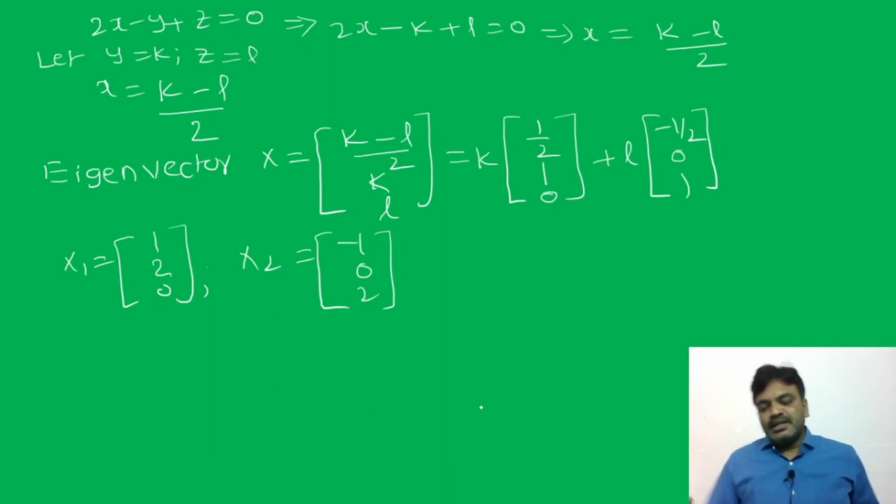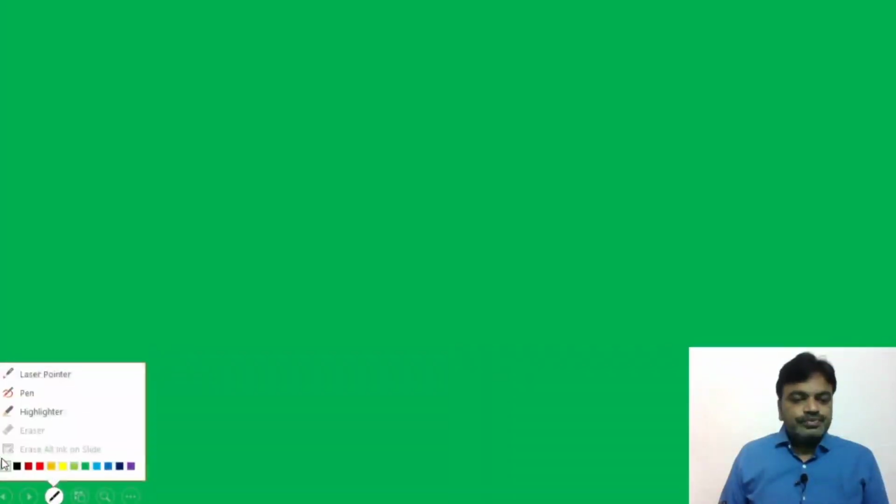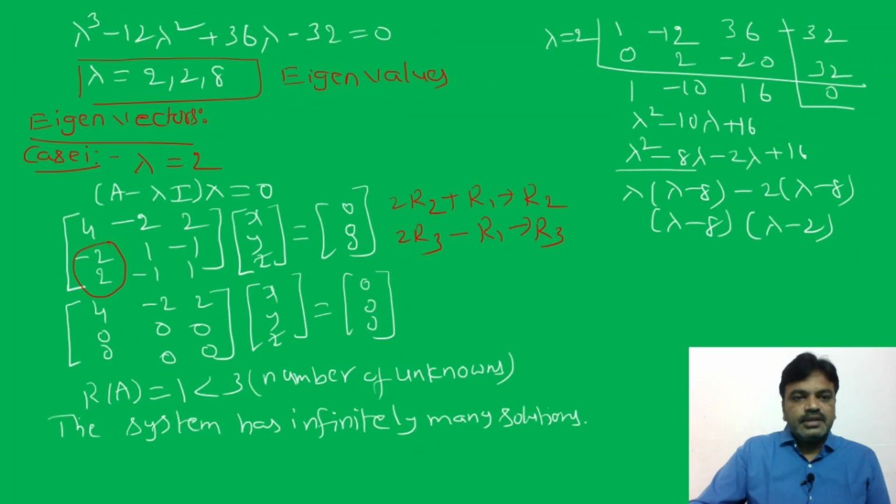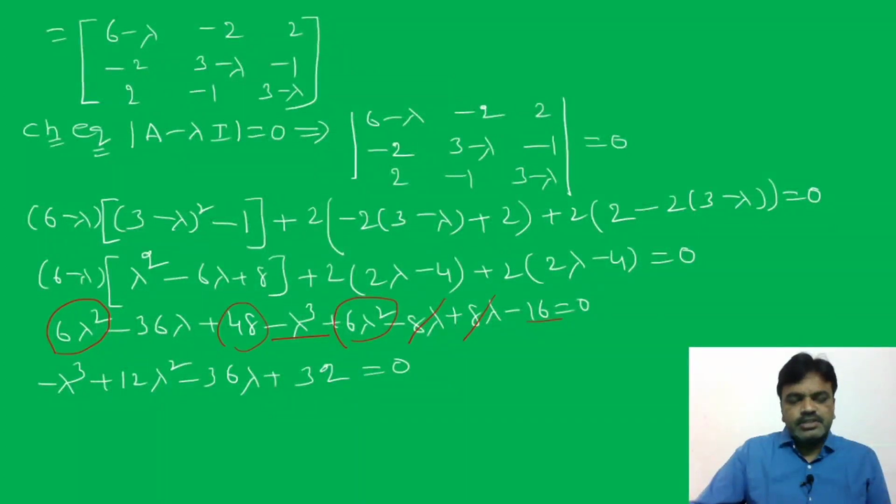Right. Now take case 2. Lambda is equal to 8. I want to write the eigenvector equation (A minus lambda I) into X that is equal to 0. Simply substitute 8 here.